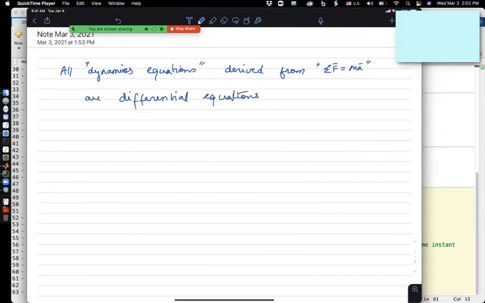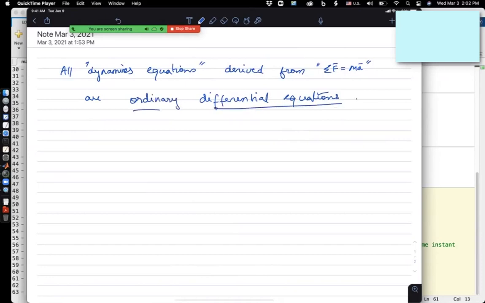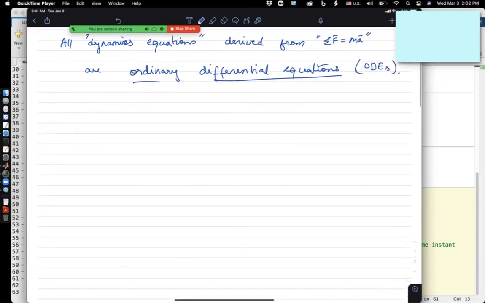Specifically, they are ordinary differential equations, sometimes contracted to ODEs. And they are specifically second order ODEs.